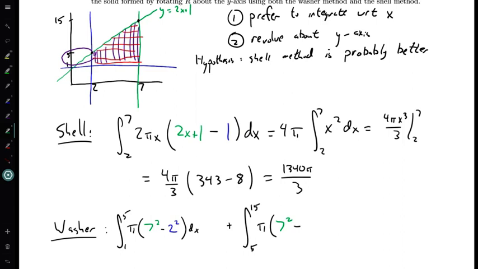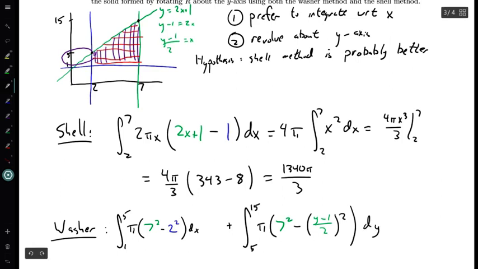So if I have y equals 2x plus 1, y minus 1 is 2x, and that is to say that y minus 1 over 2 equals x. So my x values on this left curve are y minus 1 over 2. So we want to use that as the x value here, at y minus 1 over 2. And again, we're squaring the radii of the circles for these washers here. Oh, and this first integral should have been with respect to y.